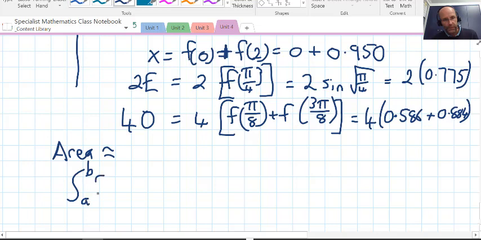So we're approximating a given function, so we really are writing this down.